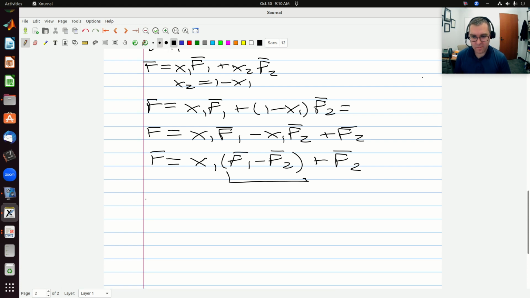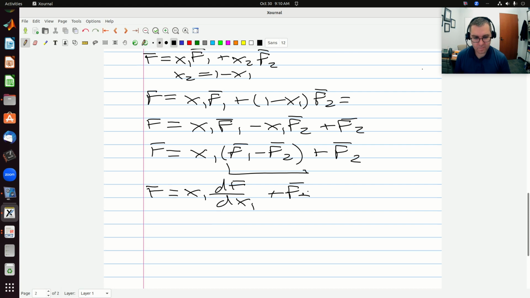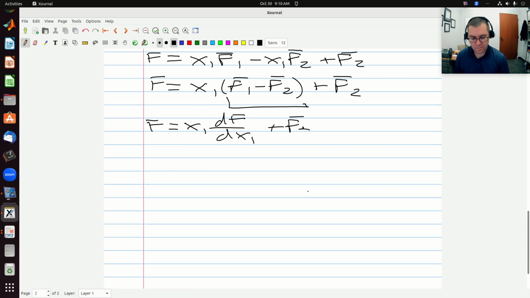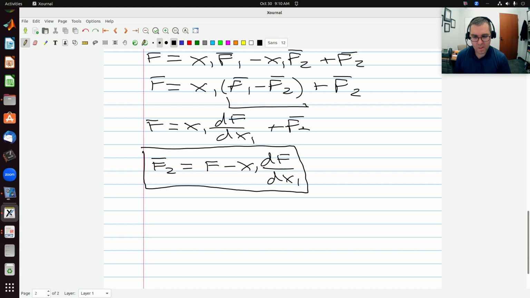So I have f is equal to x1 df/dx1 plus f-bar 2. Therefore f-bar 2 is equal to f minus x1 df/dx1.